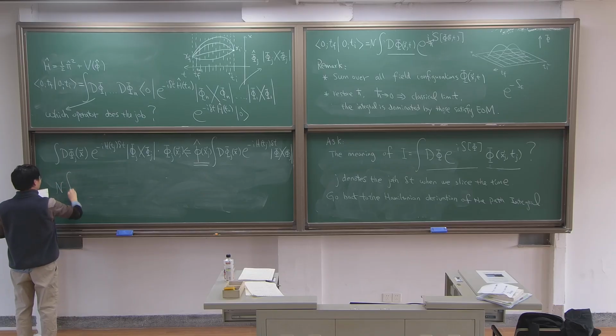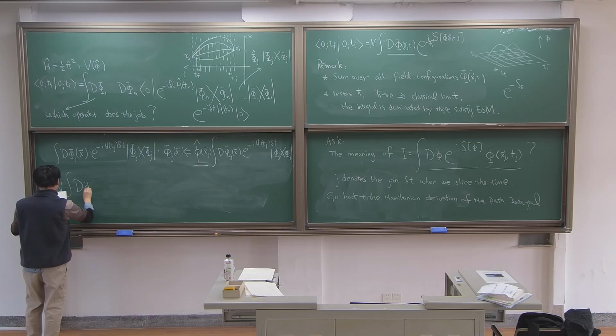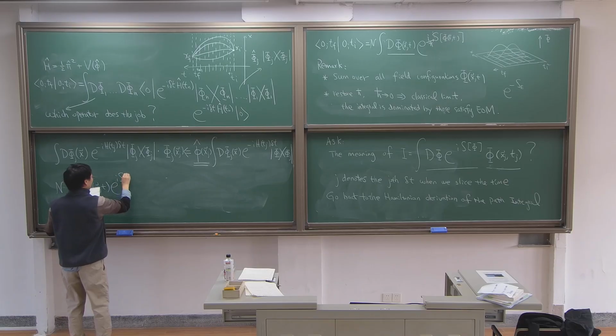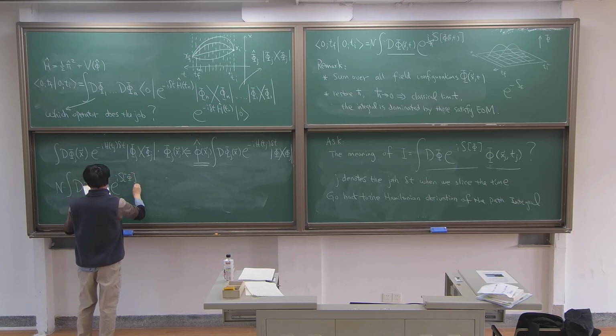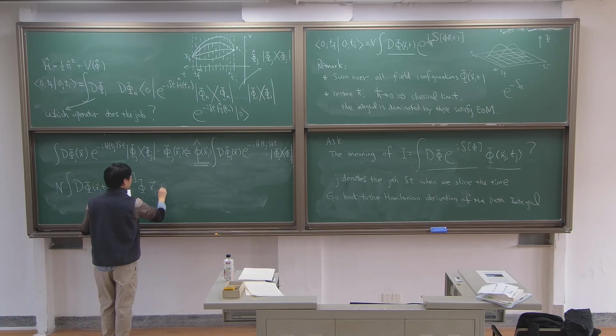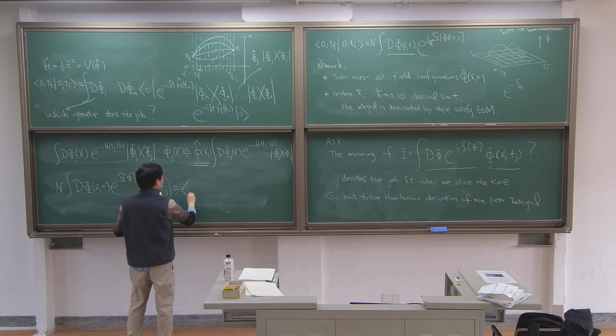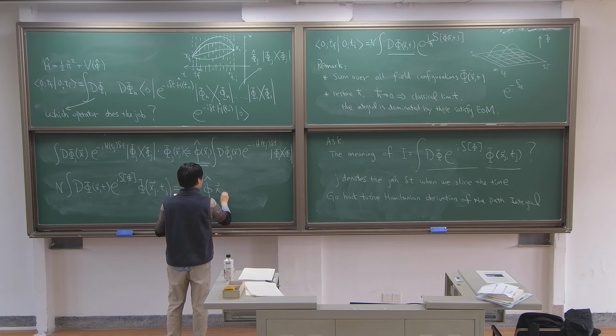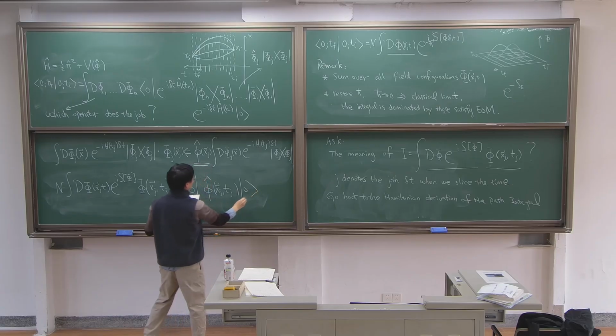So up to a prefactor, this path integral with some insertion is equal to the 1-point function of phi hat.